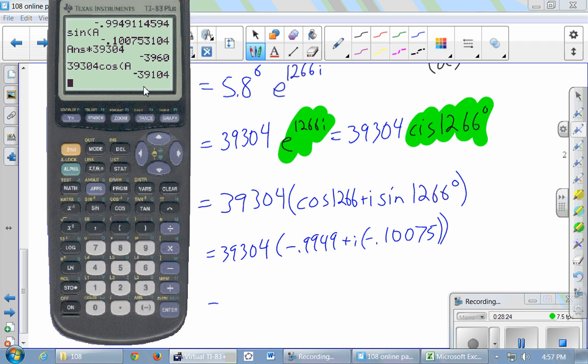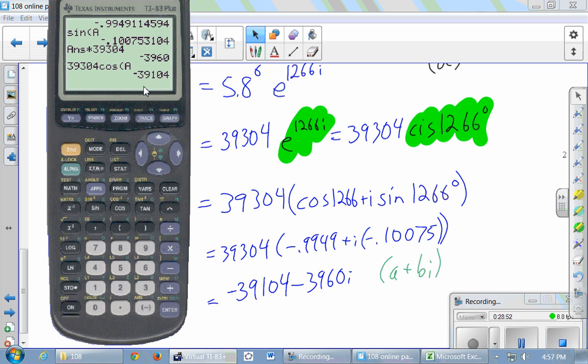Okay, so this is equal to, what do we start with? -39,104 plus i times -3960. So I'm going to put the 3960 and then I'll erase this and make it a minus 3960i. Okay, and so this is now our final answer in the form a plus bi.